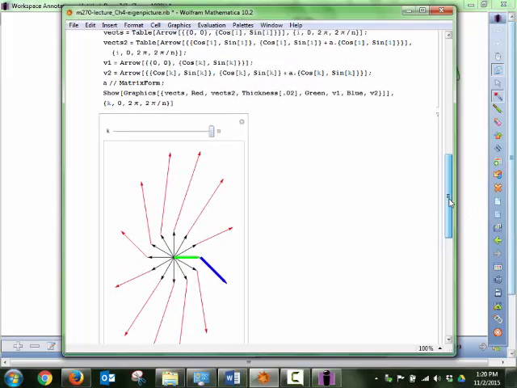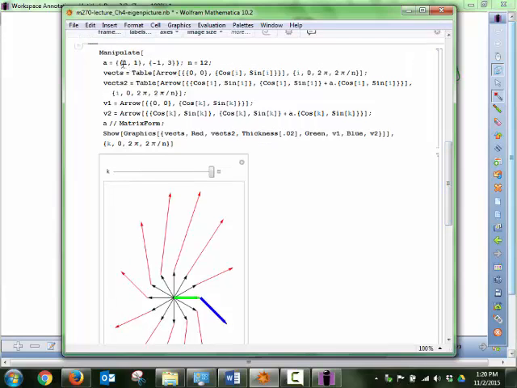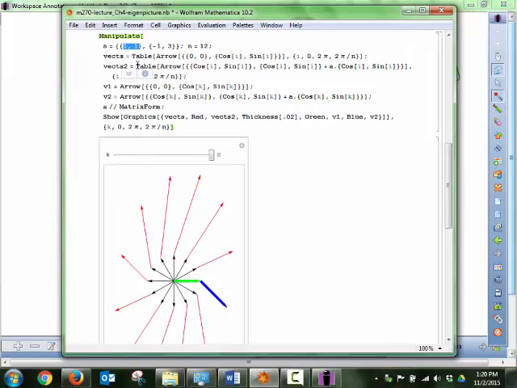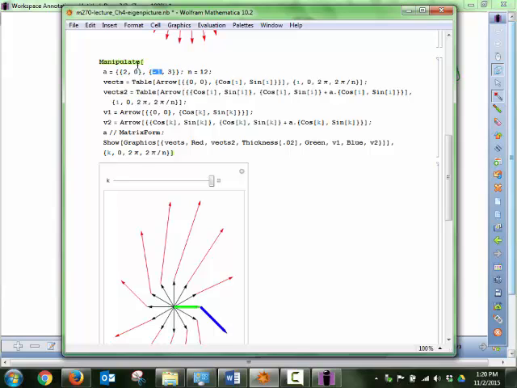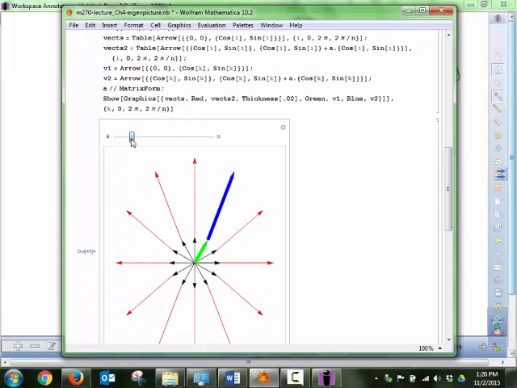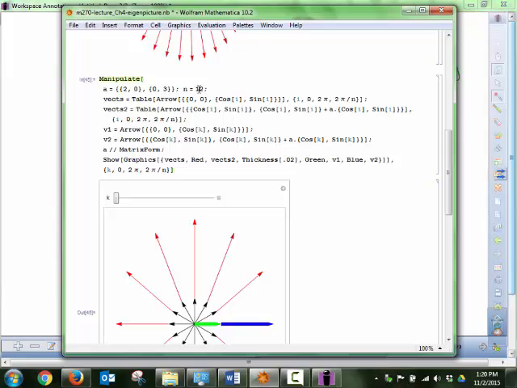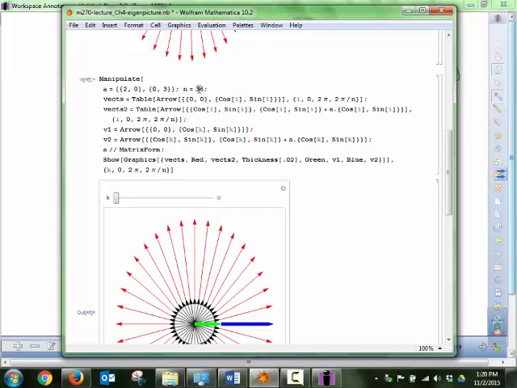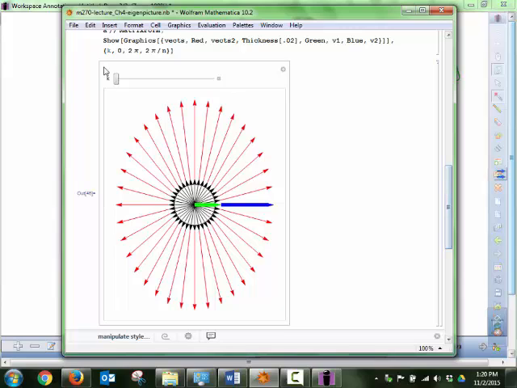Let's use the same A that we had, 2, 0, 0, 3. So we can see how that changes as we go along our sampling of vectors. And then we can have more if we want. Anyways, this is just extra fun stuff.